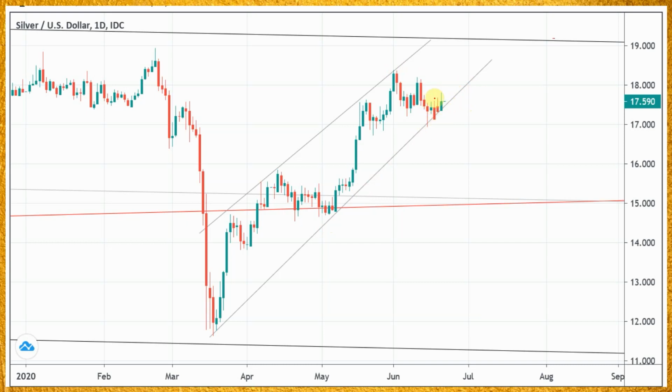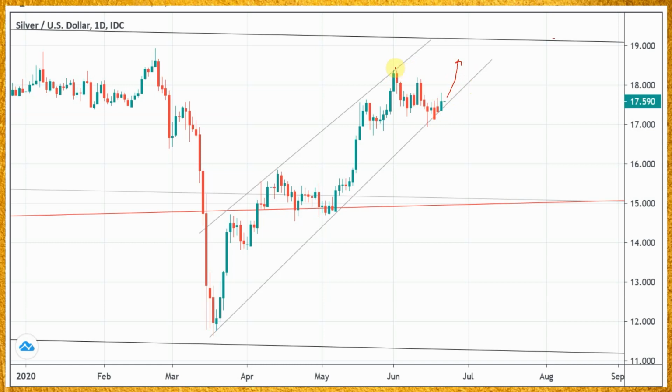And you can see that we've got long wicks on the top of each of these candles, which to me makes me think this is looking a little bit weak. It keeps banging on that floor there. So if that floor does hold, then yes, potentially this could go up, but I'm not so sure.